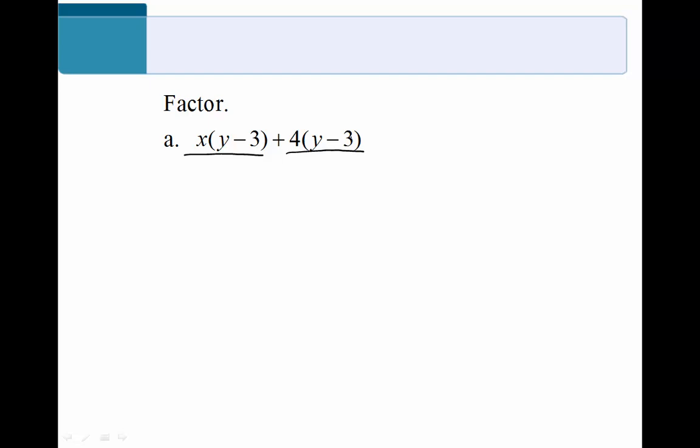So just like we did in the first section in 3.1, we're going to factor out the y minus 3. So we're going to write the GCF, which is a binomial in this case, y minus 3, and then in order to figure out what our missing factor is, we divide each of our terms by y minus 3.